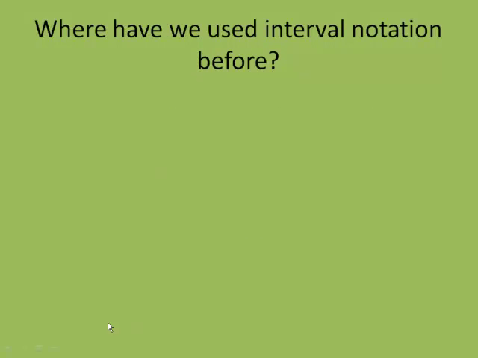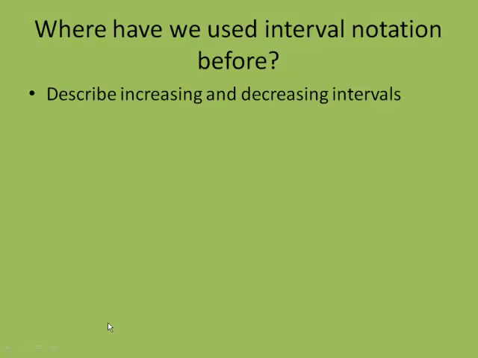Just a quick thing on where we've seen this before. We've used it to describe increasing and decreasing intervals of a function. We also have used it to describe domains back at the beginning of this chapter. For example, if you looked at f of x is equal to the square root of x, if I asked you for the domain of that, most normal people would say, well, it's going to be 0 or anything greater.